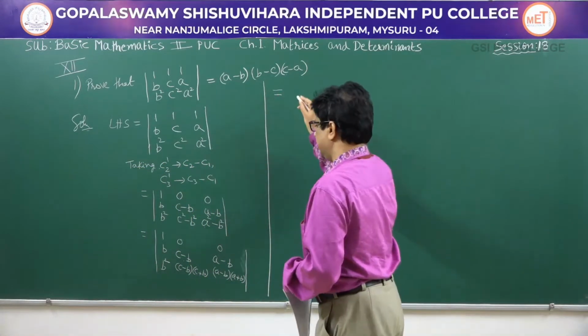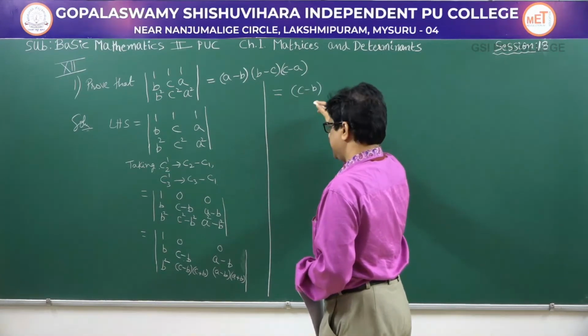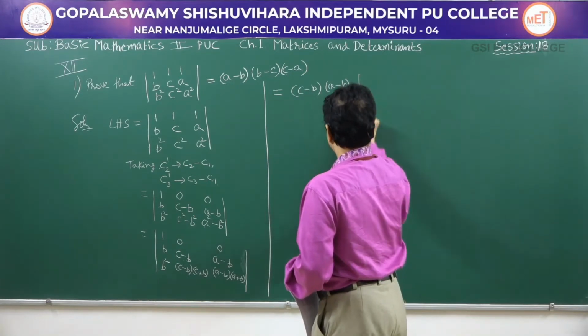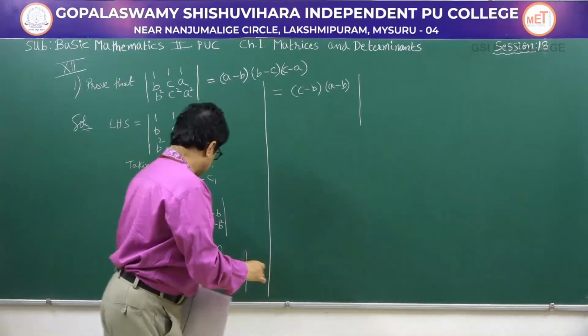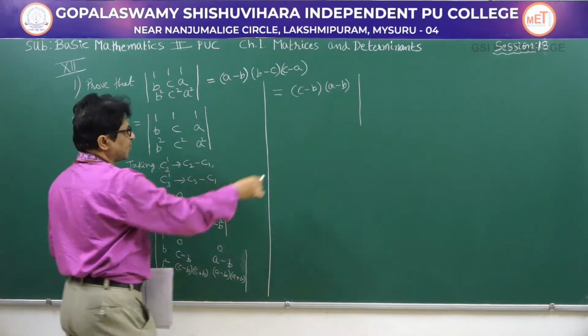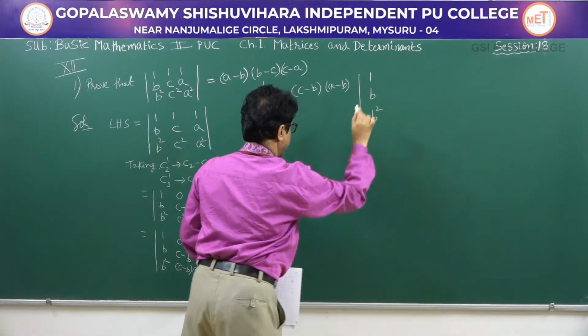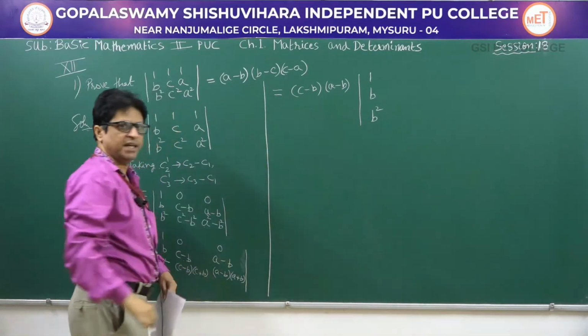So, that will be equal to C minus B into A minus B into determinant of, here the first column we have to write as it is 1, B, B square. In the second column we have already taken C minus B common.